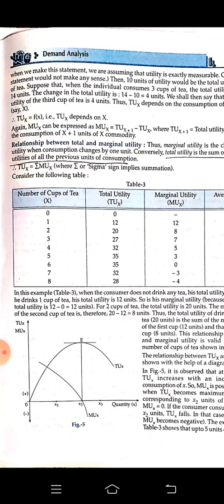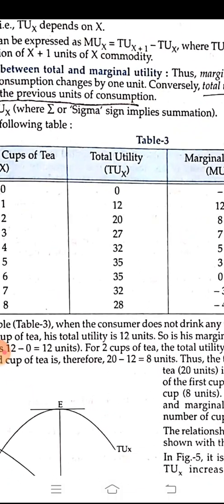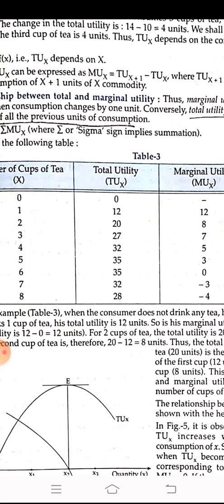So what is the total utility? When the person is having 1 cup of tea, the person says I am having 12 utility. When the person has 2 cups, the total utility is 20. So he is adding 8 units.